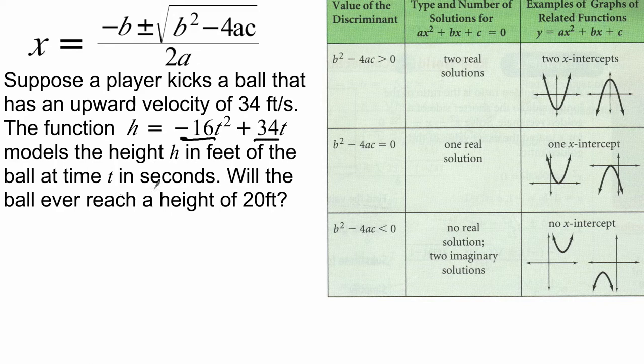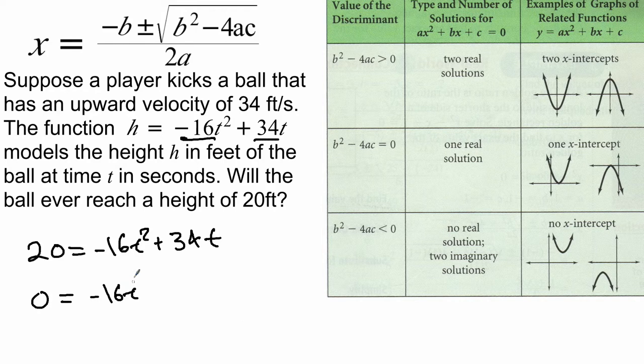So what we want to know is, will the ball ever reach a height of 20 feet? We don't need to actually find the time. What we want to know is, if I plug 20 in for the height, would this give me a real time at which this happened? So we rewrite this in standard form by subtracting 20 on both sides, and then calculate the discriminant, b squared minus 4ac.